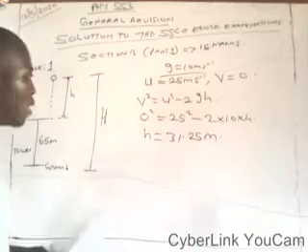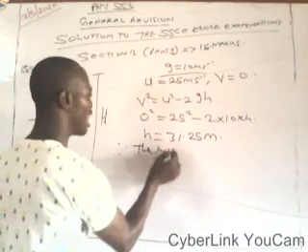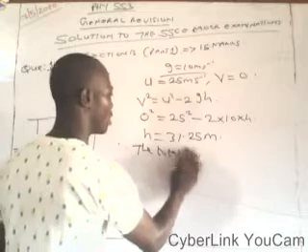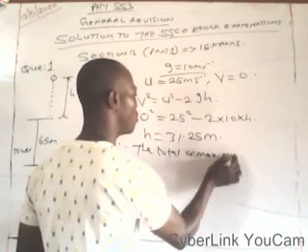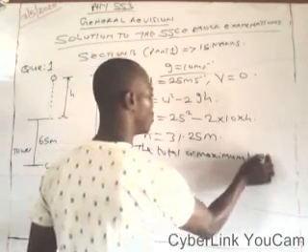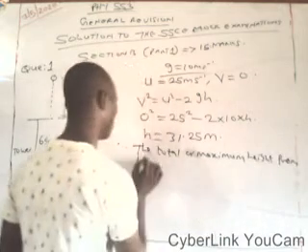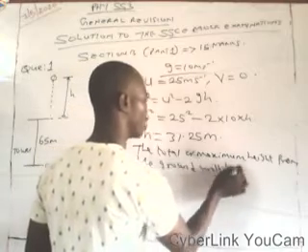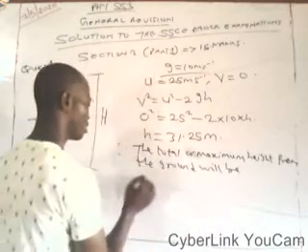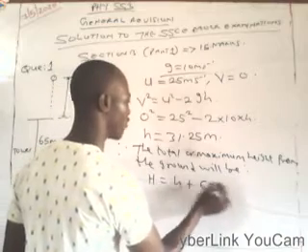Now, therefore, the total or maximum height from the ground will be H equals small h plus 65 meters.